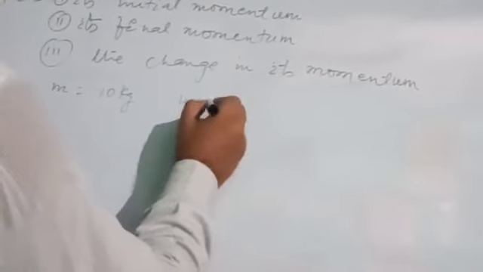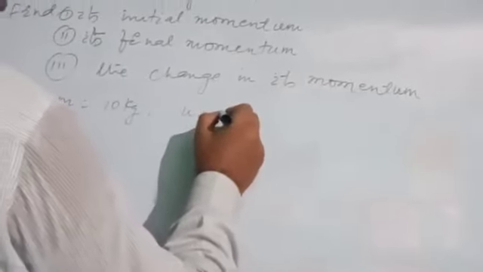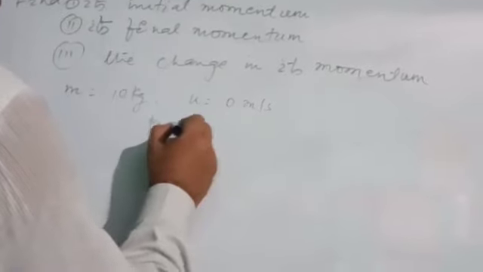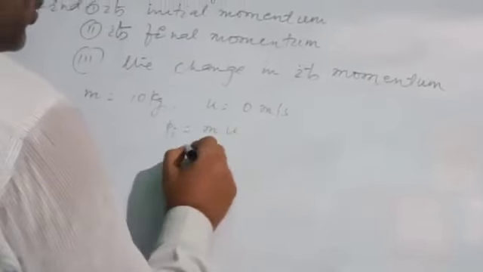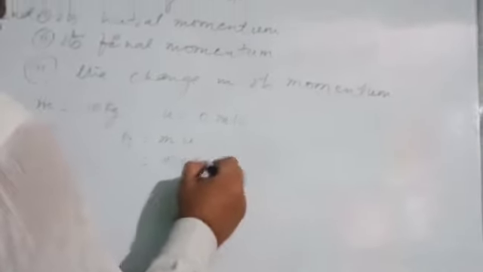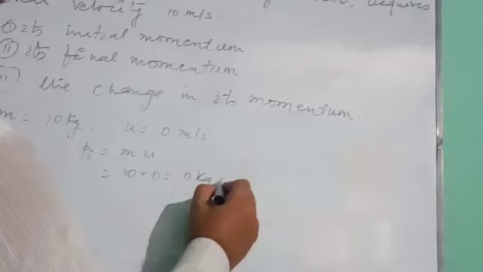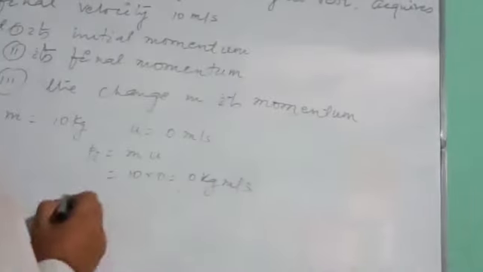Mass equals 10 kg. The object is initially at rest, so U equals 0 meter/second. So the initial momentum Pi equals mass into initial velocity, 10 into 0, equals 0 kg meter/second.